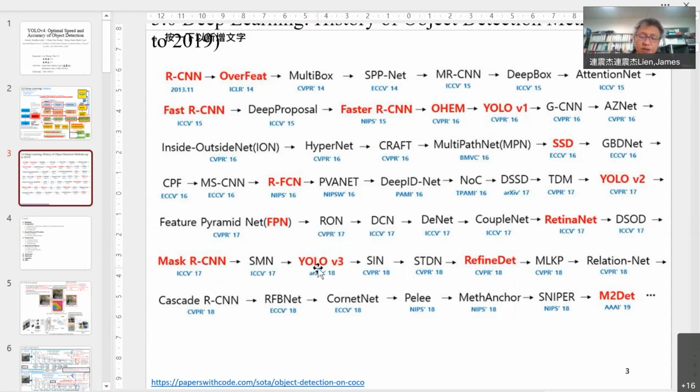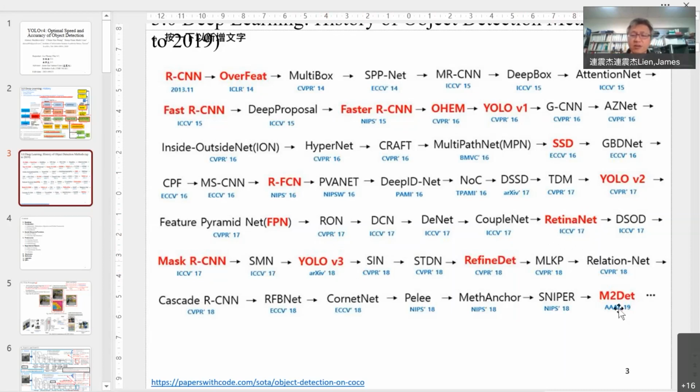YOLO V3 is faster than RetinaNet, but the accuracy is lower than RetinaNet. So even though people use YOLO V3, I still ask my students to use RetinaNet because the accuracy is good. And because YOLO V3 got a concept from RetinaNet, why not use RetinaNet? That's my opinion.